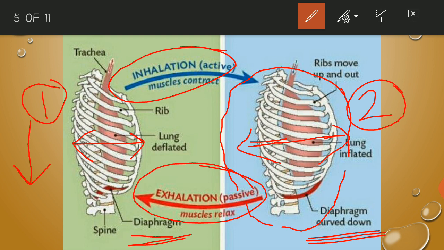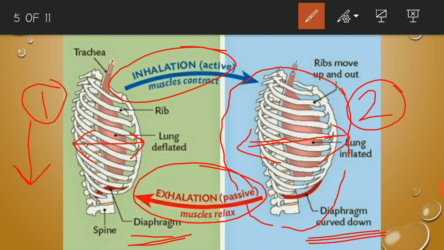After that, this oxygenated air comes to the alveoli, and the oxygen is delivered to the blood, and after that the carbon dioxide is released into the alveolar sac, so the lungs are filled up with carbon dioxide. Now the whole process will be reversed.